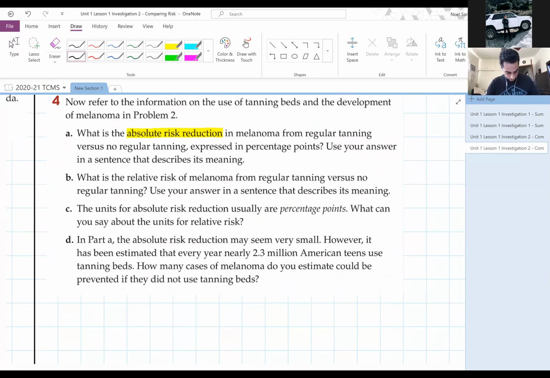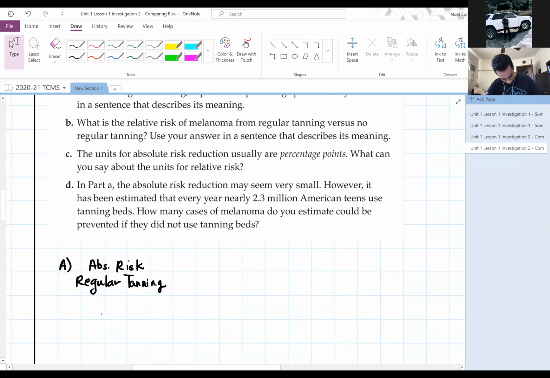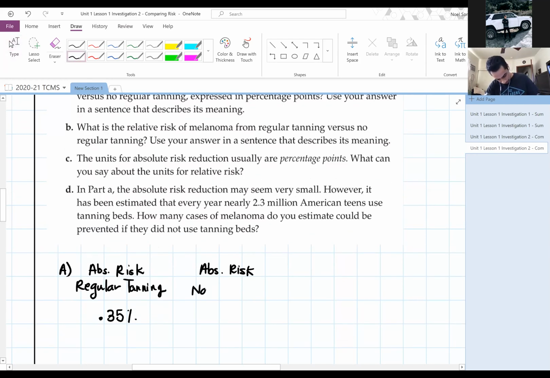So from number 2, we knew that regular tanning, or we could say the absolute risk of regular tanning is 0.35%, okay, versus the absolute risk of not regular tanning or no regular tanning was only 0.2%, right?